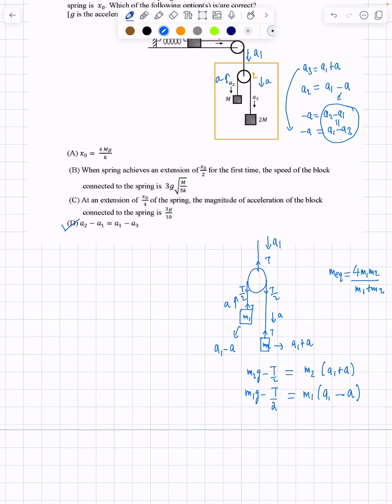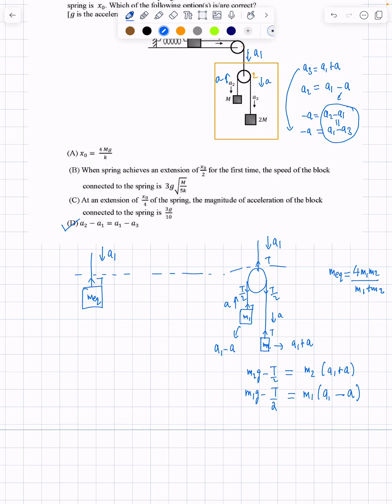And then if we can replace the system by a mass m equivalent, the equivalent system should look like m equivalent, and this is the replacement. It is still going down with acceleration a1 and tension is still T. So that's why I wanted to use the T variable here.